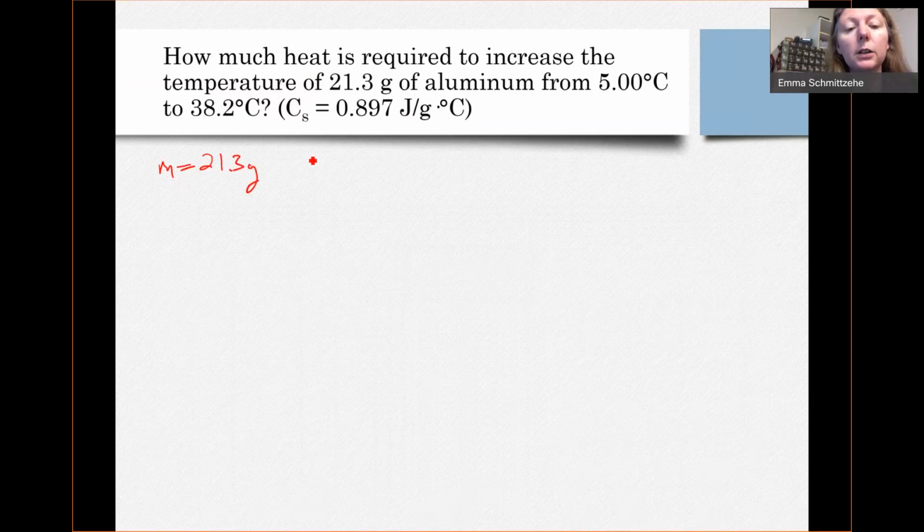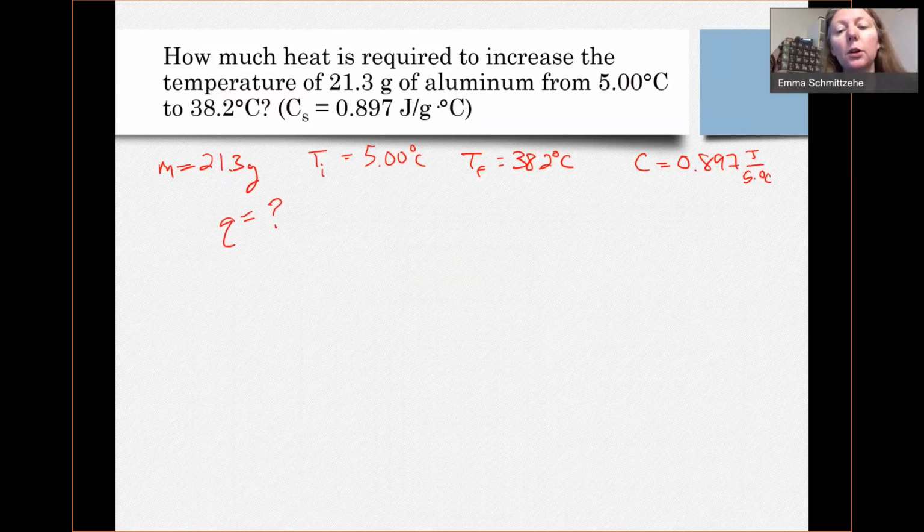We have an initial temperature of 5.00 degrees C. We have a final temperature of 38.2 degrees C. And we have a heat capacity of 0.897 joules per gram degrees C. And we want to know how much heat is required to cause this temperature change.